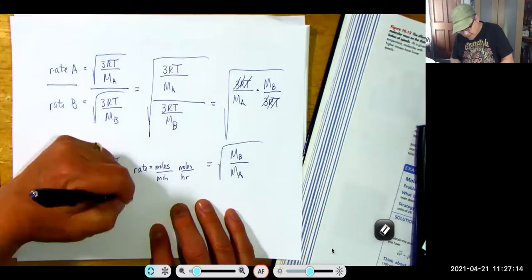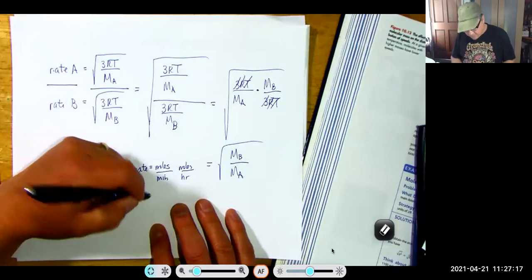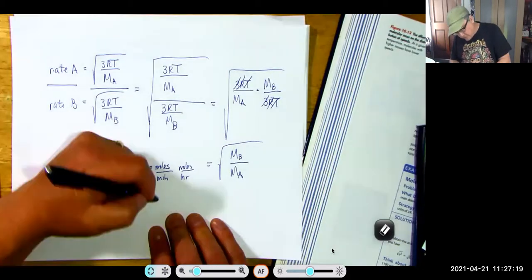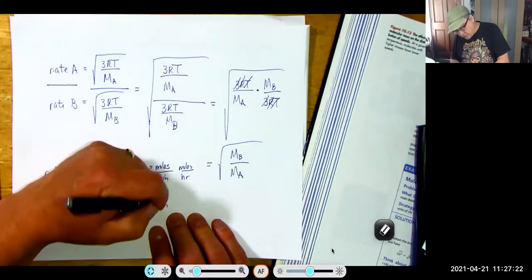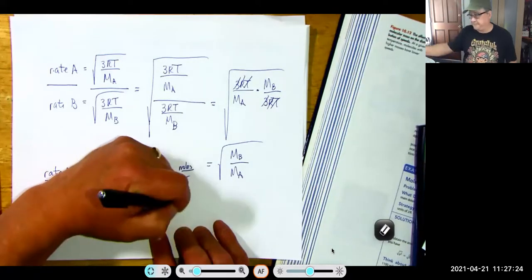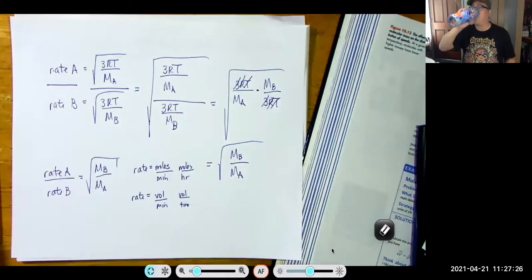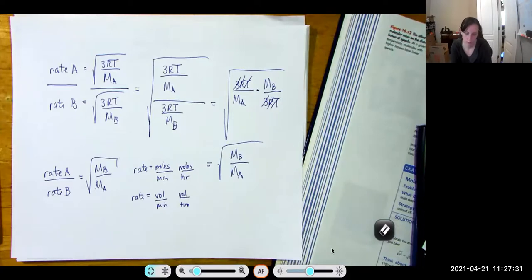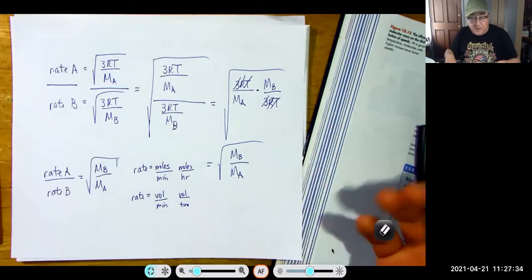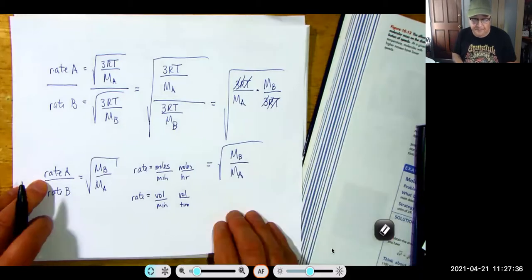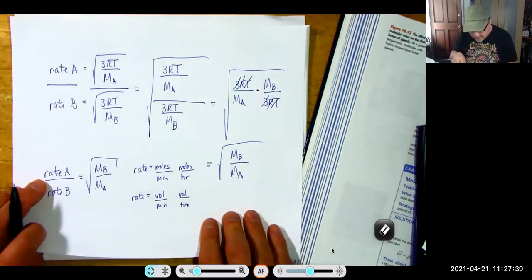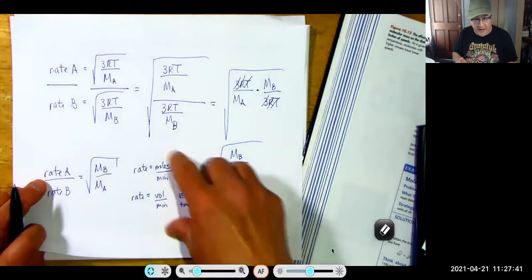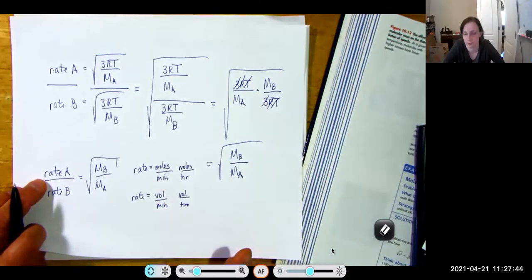Or for the rate, we can use volume per minute or volume per time. And that's because in a case like this, the volume is proportional to the moles. Yeah. And so it must be these types of units for the rate: moles or volume per time. Okay. All right.